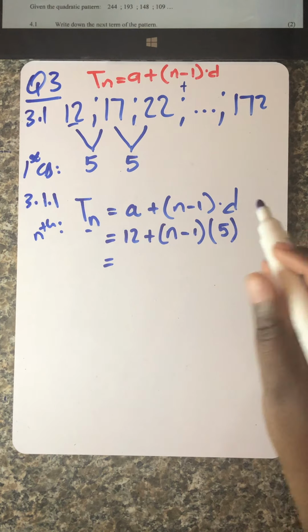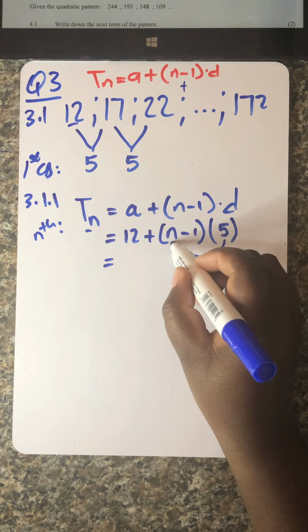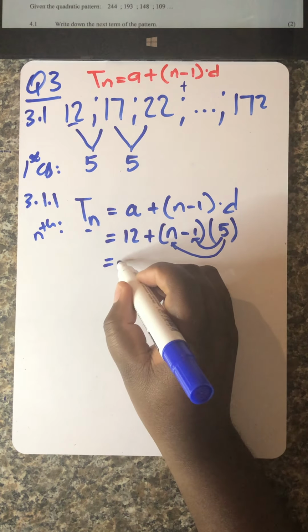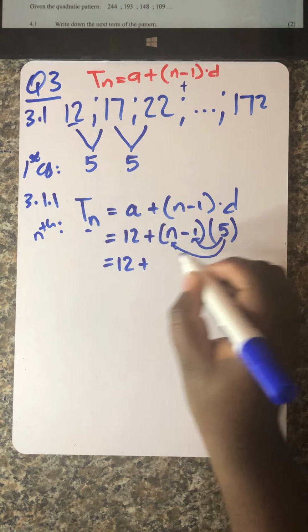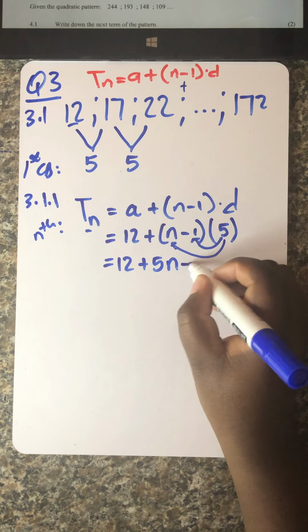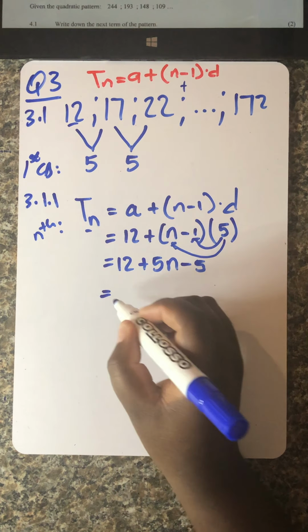Okay, so ladies and gentlemen, you multiply that 5 by n, you multiply that 5 by 1. So you obviously have 12 plus 5n minus 5. Very important, guys.